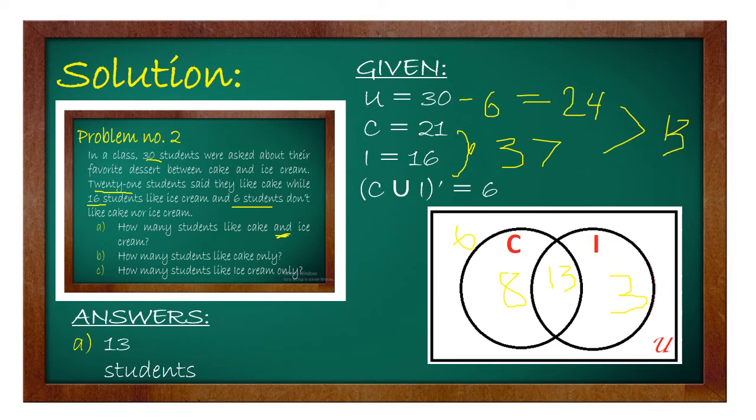Next is, how many students like cake only? Pag sinabi naman natin cake only, ibig sabihin, cake lang ang gusto niya. So, that refers to 8 students. And the last question, how many students like ice cream only? Ibig sabihin, dun lang tayo sa ice cream only. And that is equal to 3 students.